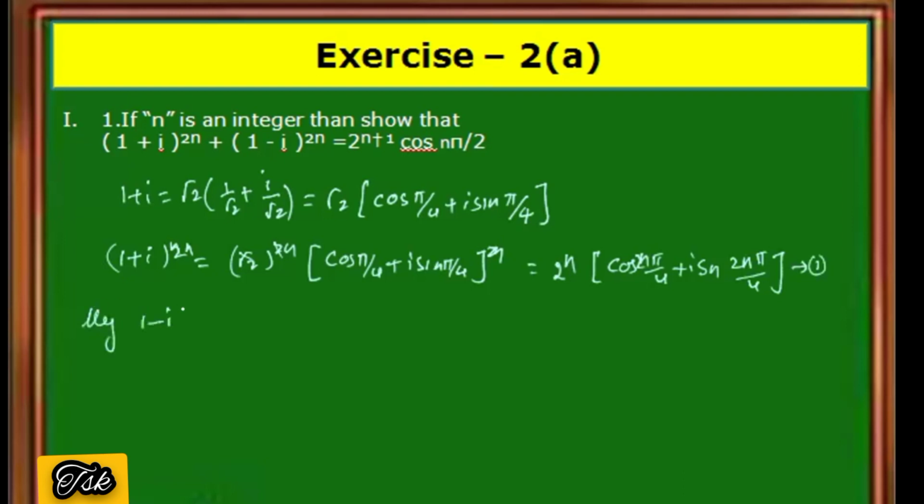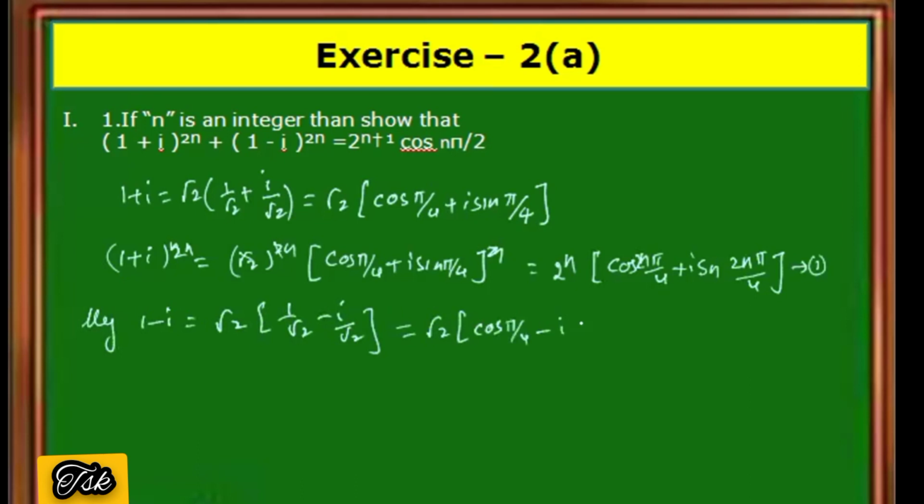Similarly, 1 minus i can be written as root 2 into (1 by root 2 minus i by root 2). Then this can be written as root 2 into (cos pi by 4 minus i sin pi by 4), the conjugate of the 1 plus i.